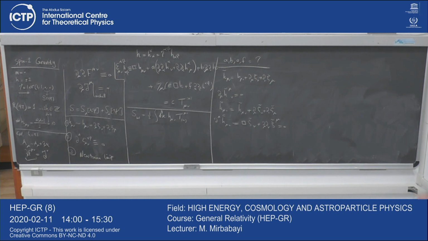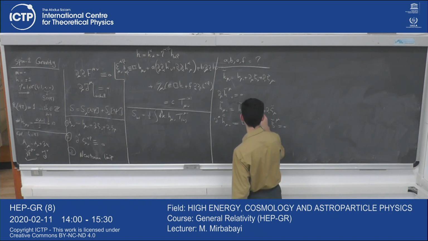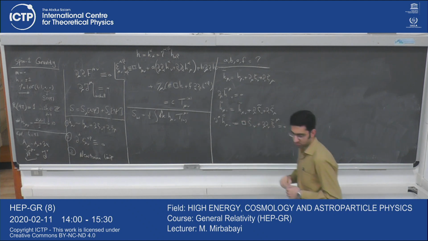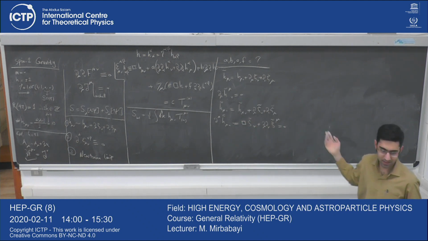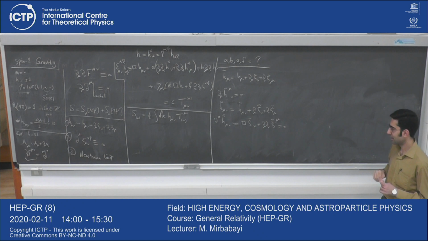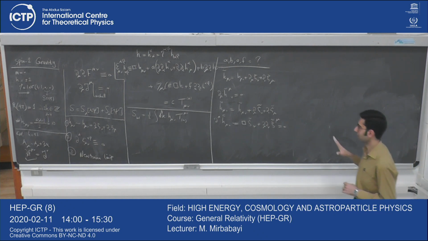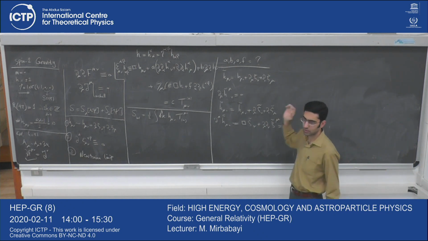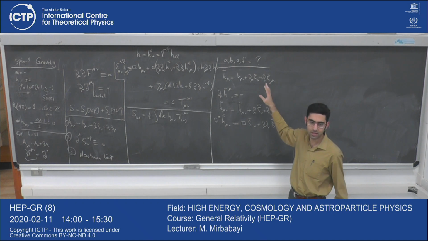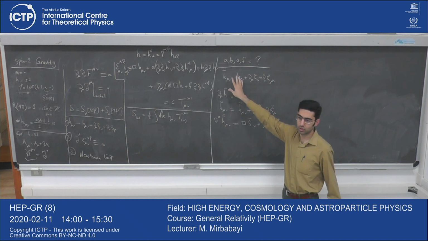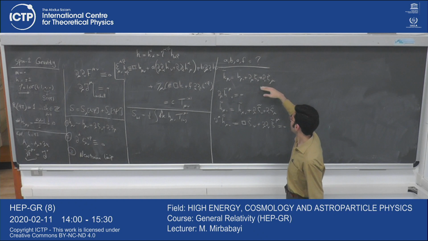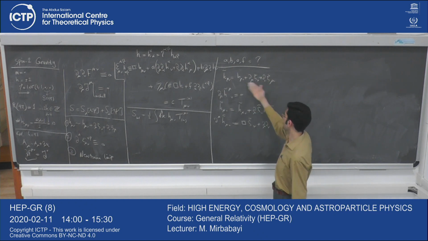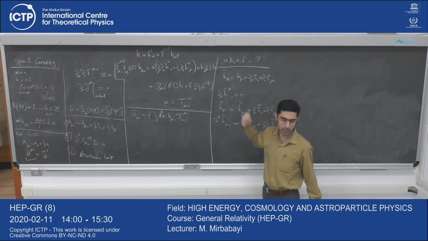Okay, so from now on I want to drop all of the tildes, because then it becomes too messy. In the future we might do this frequently: we do a transformation, and we go to a different gauge, right?